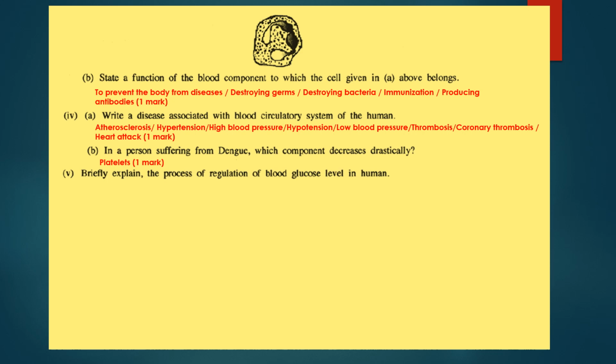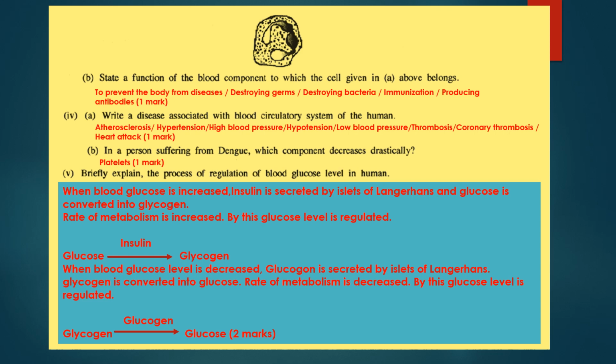Part 5. Briefly explain the process of regulation of blood glucose level in human. When blood glucose is increased, insulin is secreted by islets of Langerhans and glucose is converted into glycogen. So rate of metabolism is increased. By this, glucose level is regulated. You can write as an equation: glucose with the presence of insulin converted into glycogen.